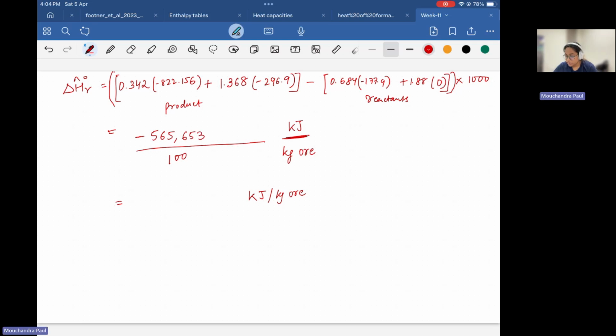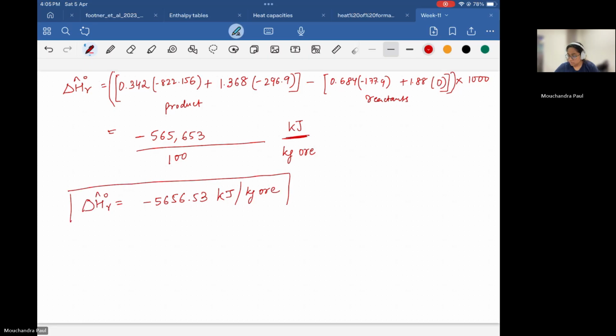Once we divide it by 100, we'll get minus 565.653. So this should be the answer, in kilojoule per kg ore. The standard heat of reaction. Understood?